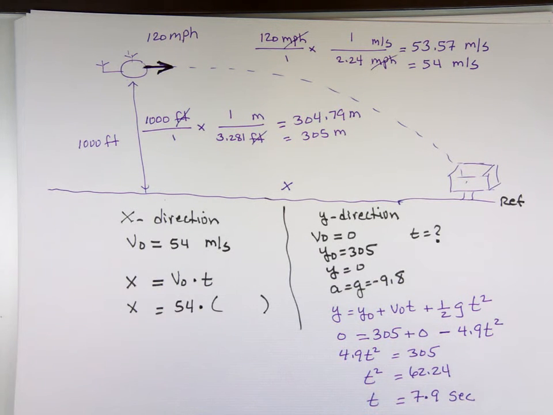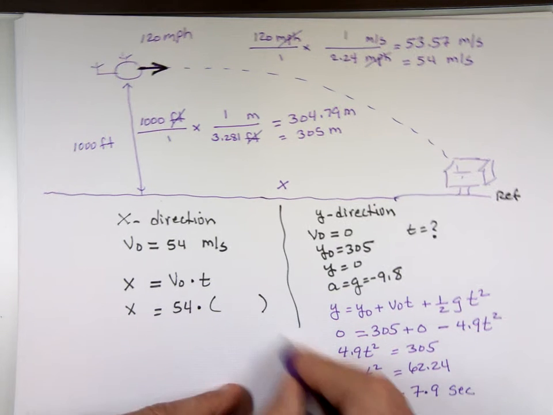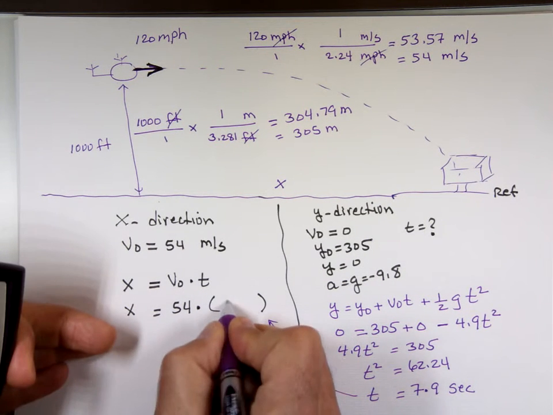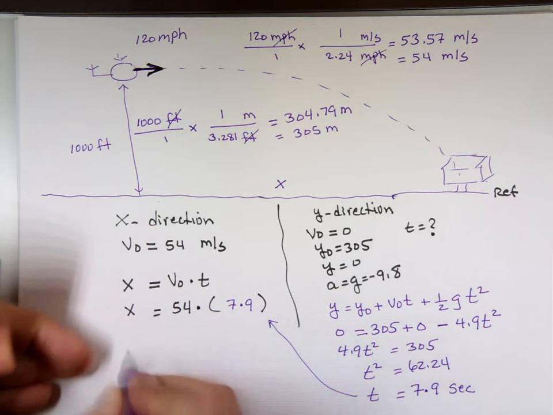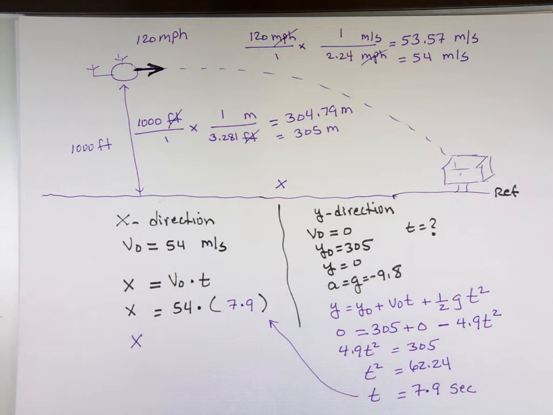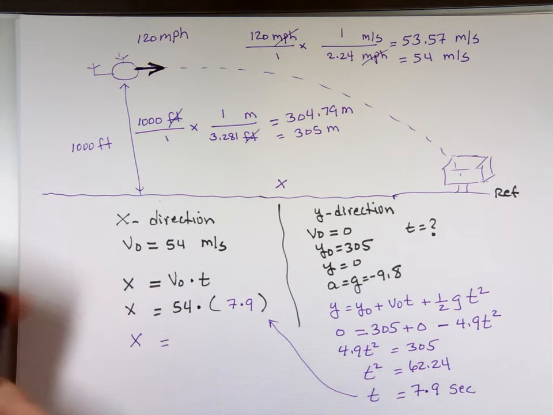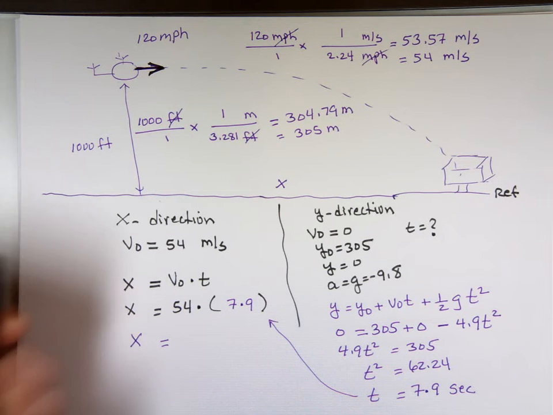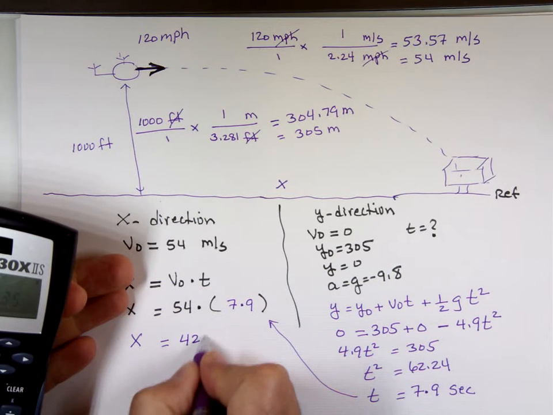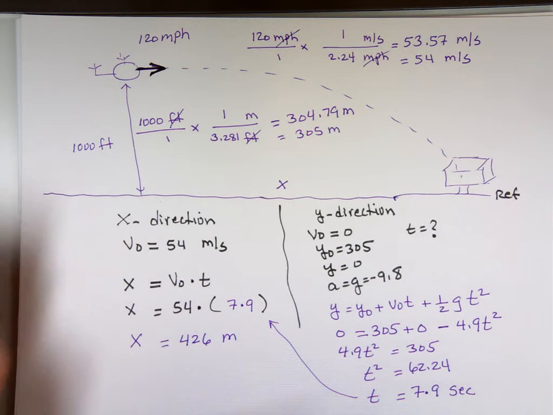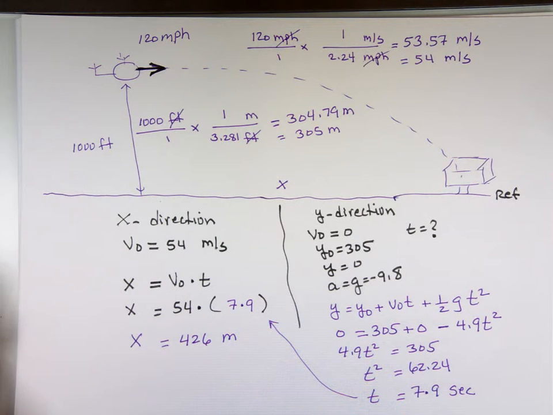Now take that number and plug it in here. 7.9 times 54 is 426 meters away. So roughly, how many feet is that? Times 3.281.